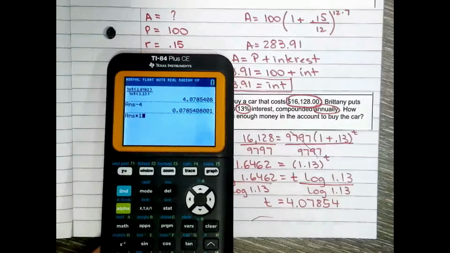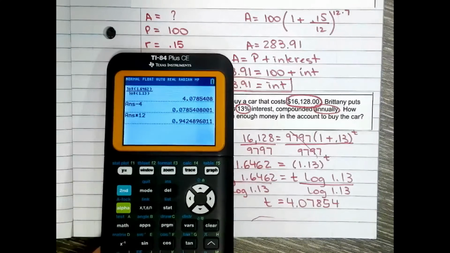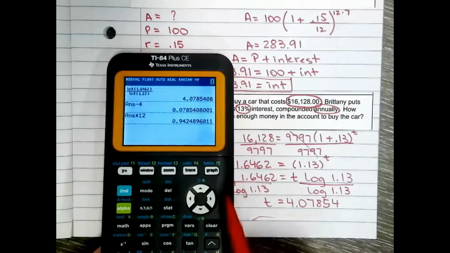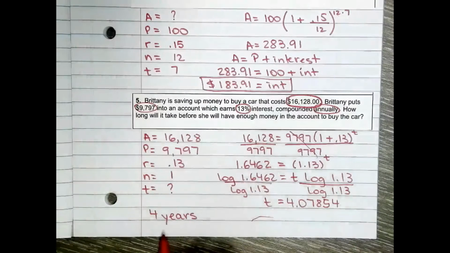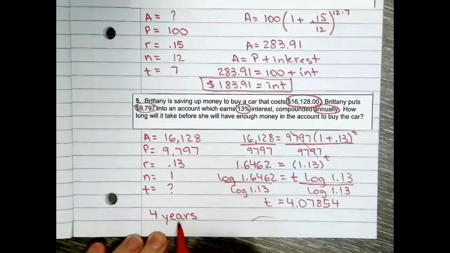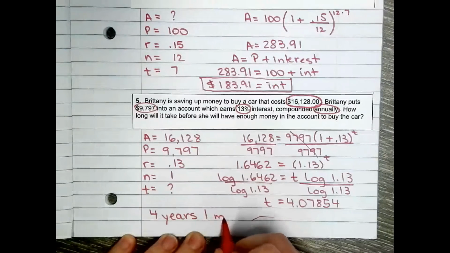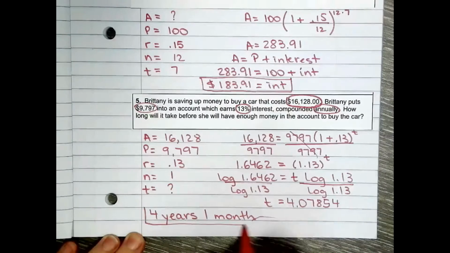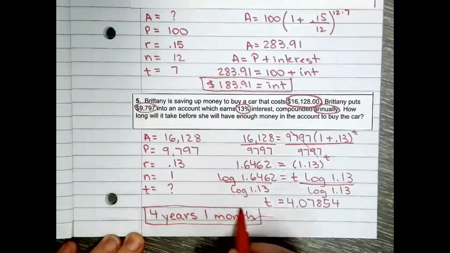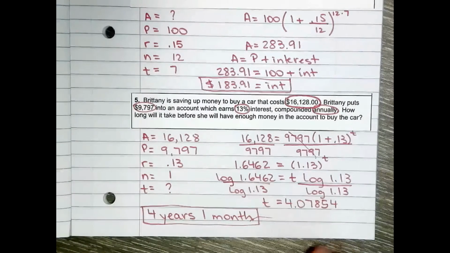And then I'll multiply just the decimal part by 12. So I almost have 1 month. It's really close to 1 month. Okay? So it would take her about 4 years and 1 month to reach that amount to buy the car she wants. I wonder if it's a Jeep. Ha ha.